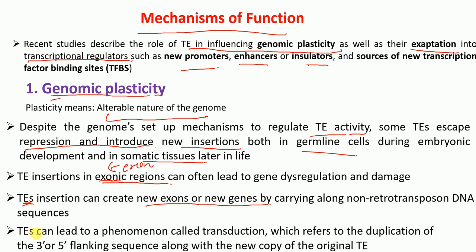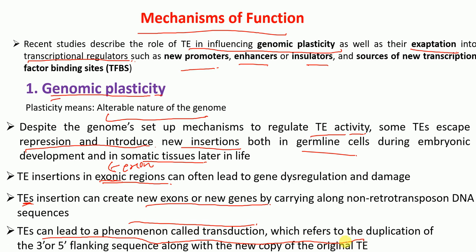Another way is that these transposable elements can lead to a phenomenon called transduction. So what is it actually? It refers to the duplication of 3' or 5' flanking sequences along with the new copy of the original transposable element, right?